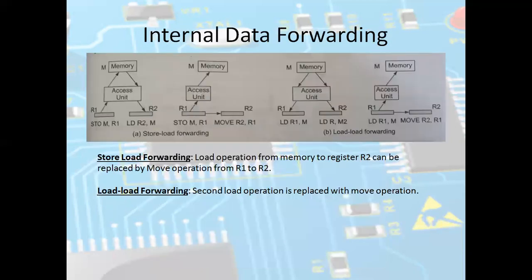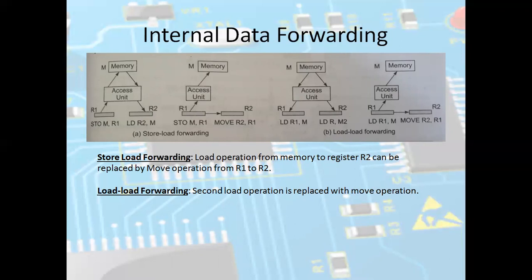Now, internal data forwarding is a concept where, if we use the store and load forwarding mechanism, there is a need for two operations. But if we convert the store and load operation with the help of a move operation, then the different registers R1 and R2 can communicate with each other, and there is no need to access the memory frequently.